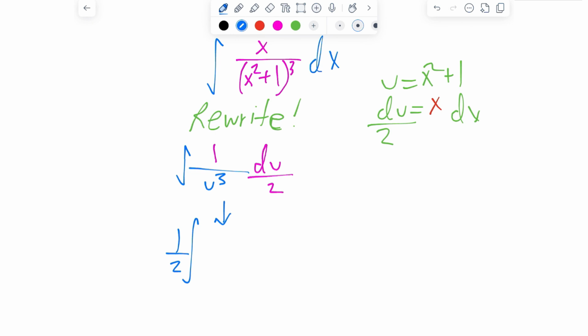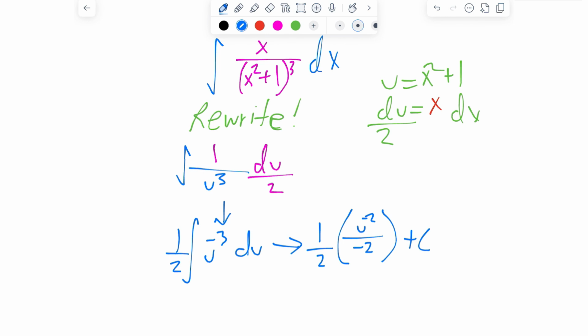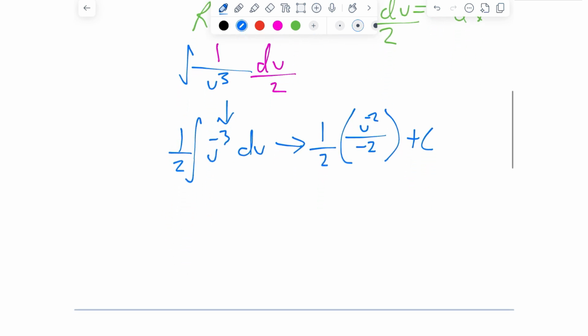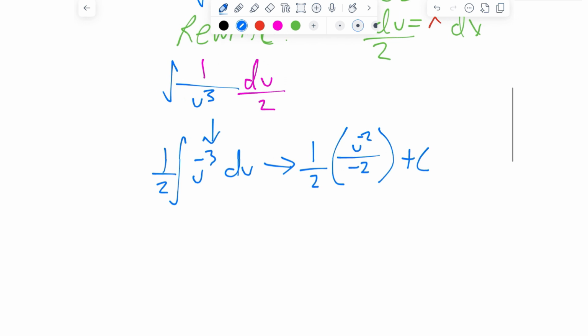So we can take this 1/2 and put it outside the integral, and then we get 1/2 integral of u to the power of -3 du. And now this can go to 1/2 parentheses u to the power of -2 over -2, plus c. And you're almost at the answer now, because the last step is to substitute the x value into the u value.